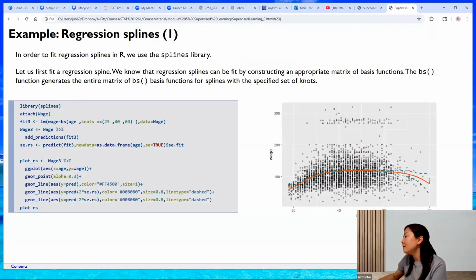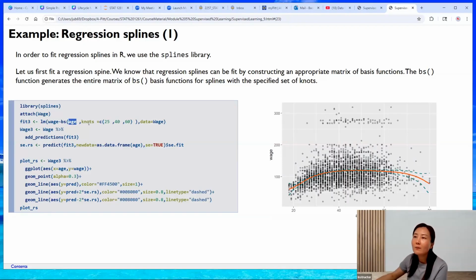All right, now let's finally take a look at some examples. First, the piecewise regression spline. Let's use the bs function to fit the spline model. This bs is used to create basis functions for the splines.